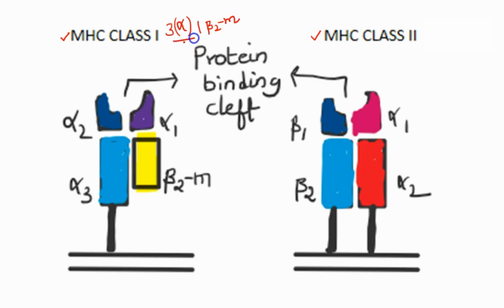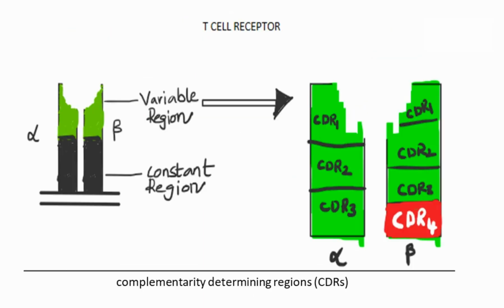Let us say this is the antigen presenting cell, and you will see alpha 1, alpha 2, alpha 3 and beta 2 microglobulin arranged like this, and this site is the antigen or protein binding site. And MHC class 2 has 2 alpha and 2 beta: alpha 1, alpha 2 and beta 1, beta 2. So these are the structures of the MHC complex.